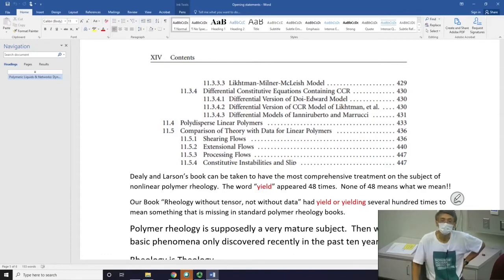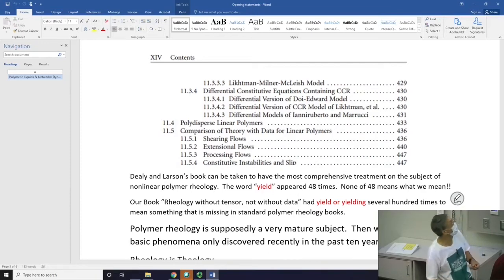So yield in English means produce, right? If I do this, I yield this result. I produce this result. Okay?